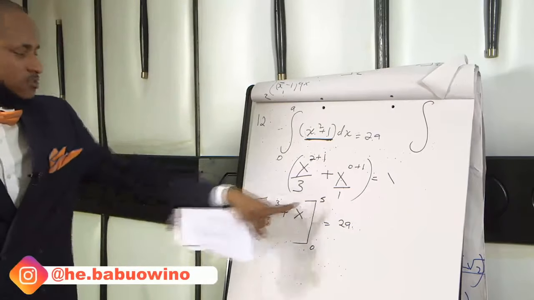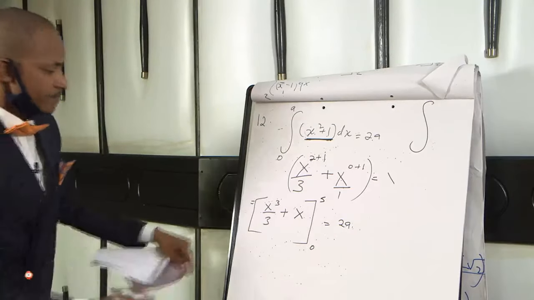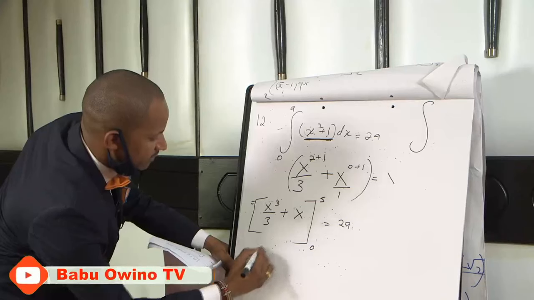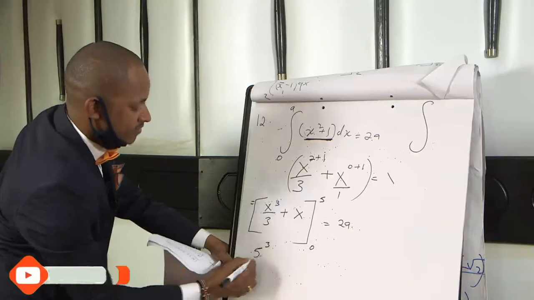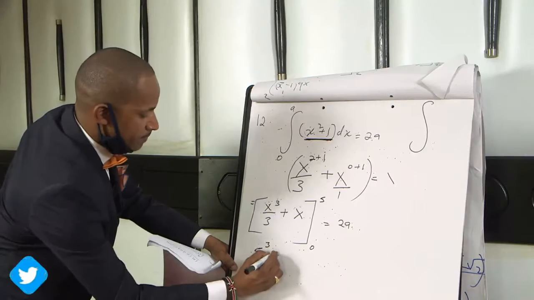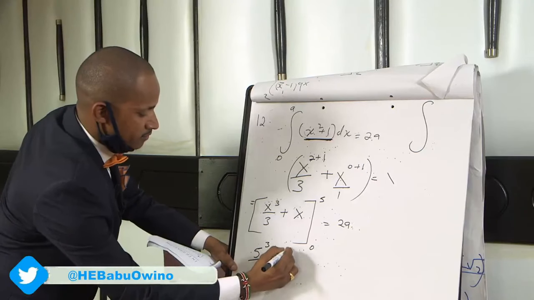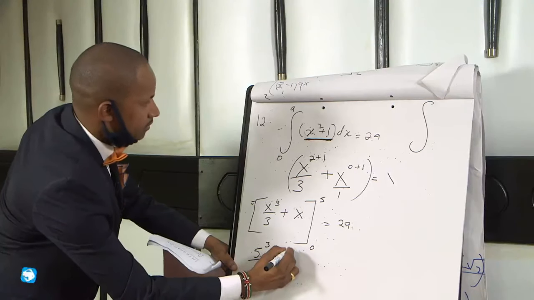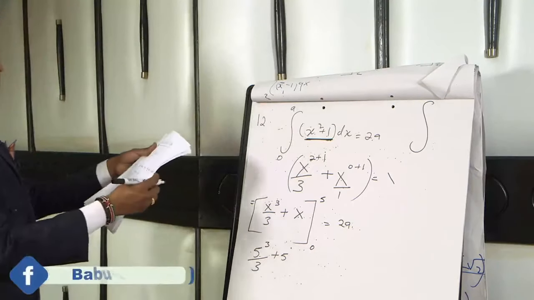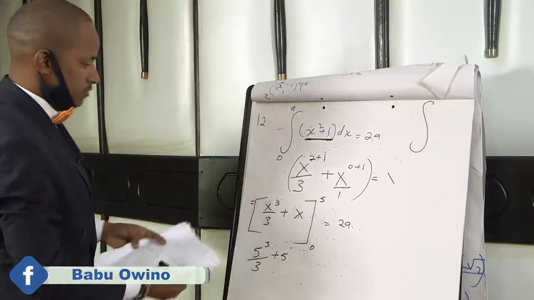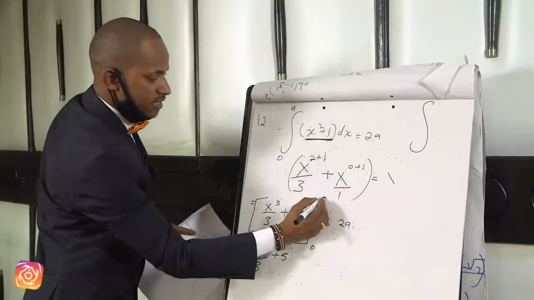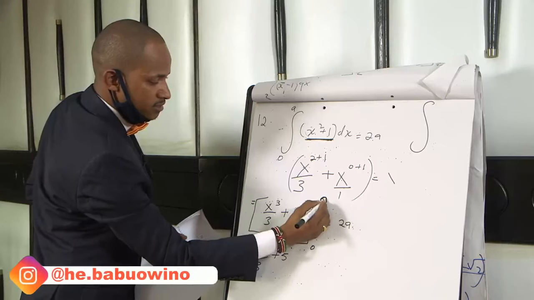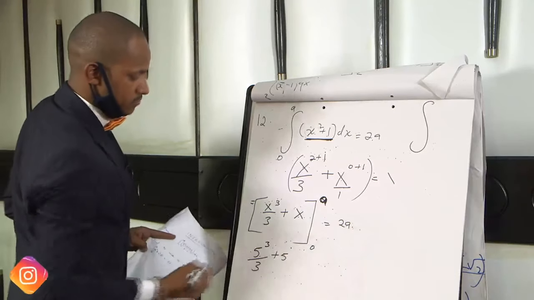Again, just replace where there is x with 5. So this becomes 5 cubed, 5 raised to power 3, divided by 3, plus 5. Okay, so in this case, it is not 5, it is a, sorry. This is a and 0.